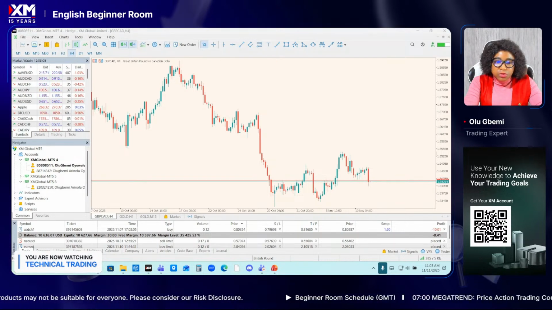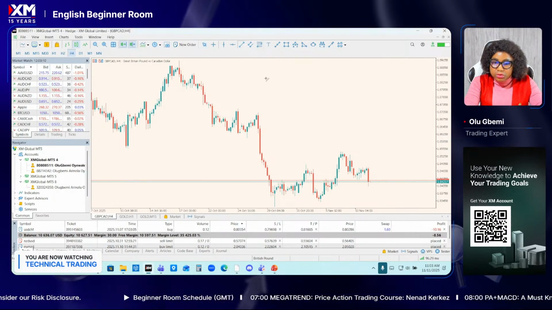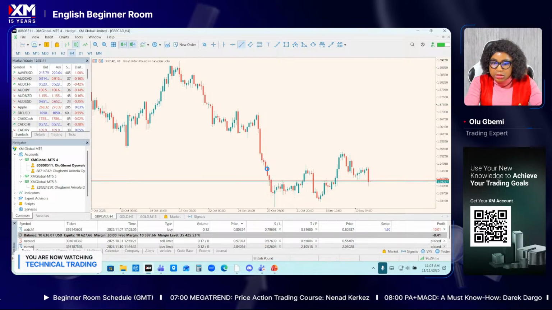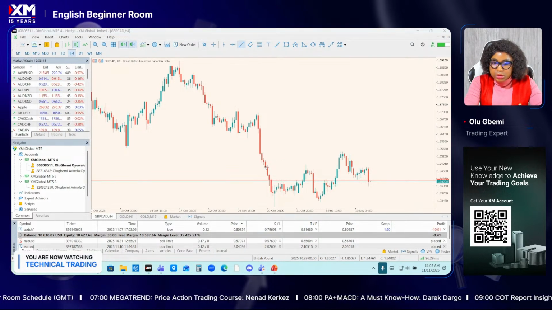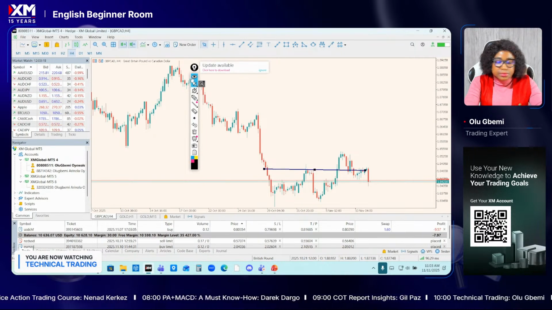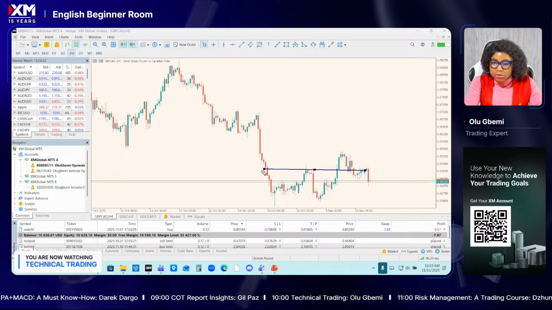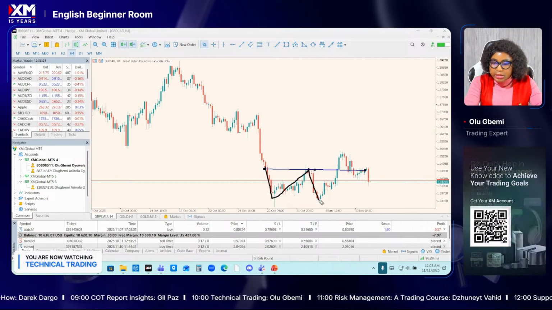That pattern already formed properly because the neckline had got broken at the time I was looking at it. All right, so this is like the neckline of this double bottom, and you'd see that that neckline was already broken at this time.